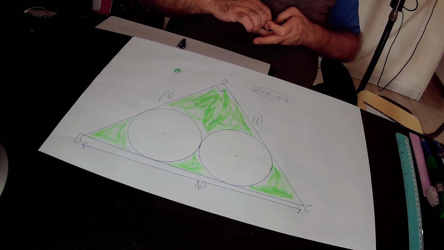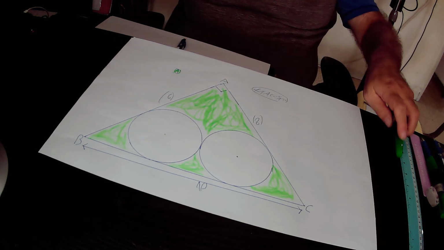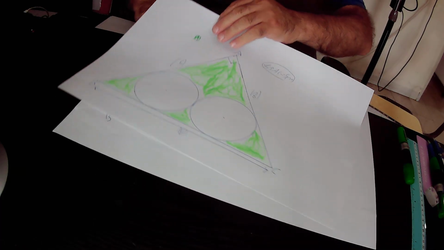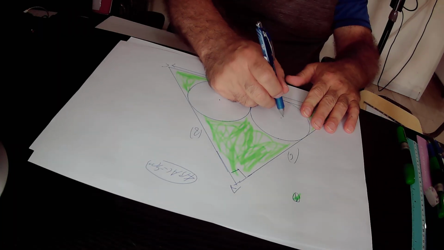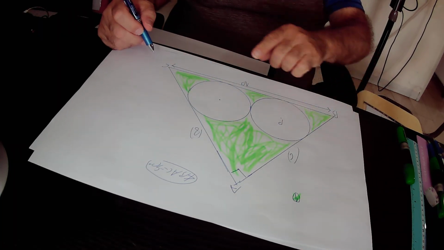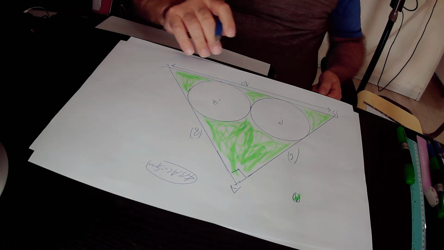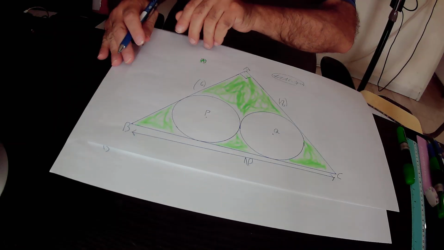In the next step, we define the center of this circle. This point is point P. Likewise, we define the center of this other circle. This point is point Q. We define the point of tangency of BC with this circle.